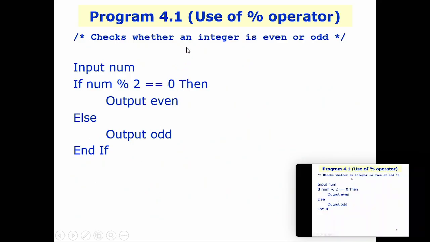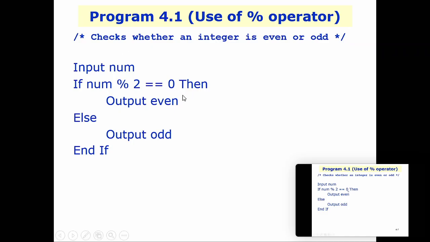Okay, so this is one example. Actually, we already practiced this. This is the pseudocode to check whether an integer is an even or odd number. So input number: you're going to obtain the value of the number from the user. And then if num % 2 equals 0, which means this integer number is divisible by 2, right?